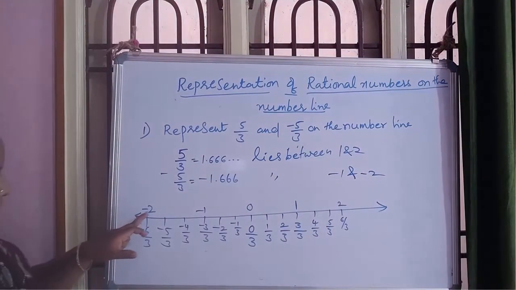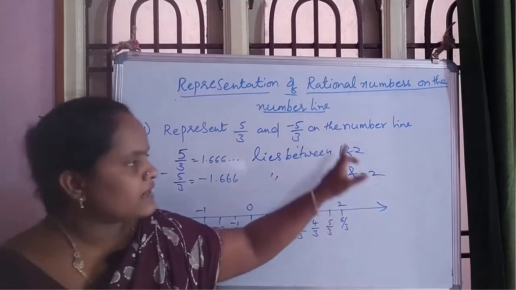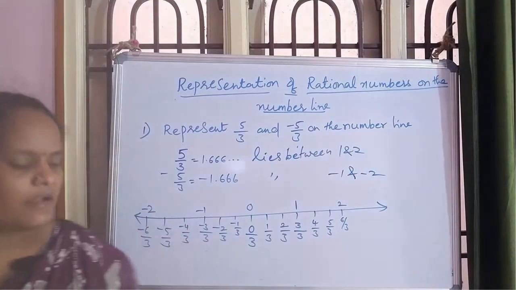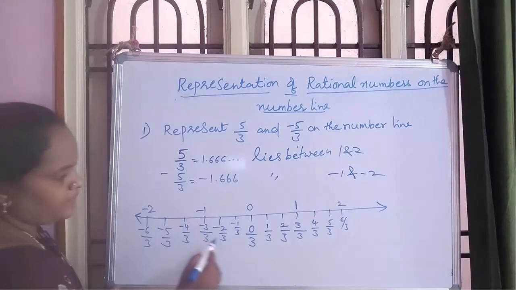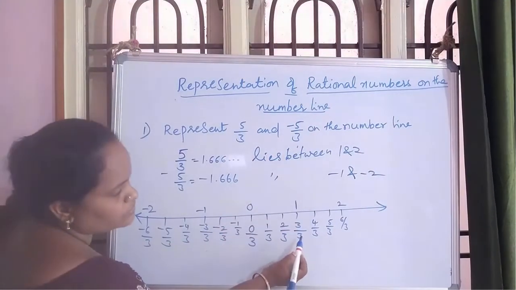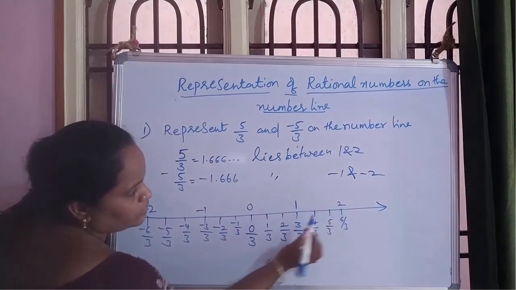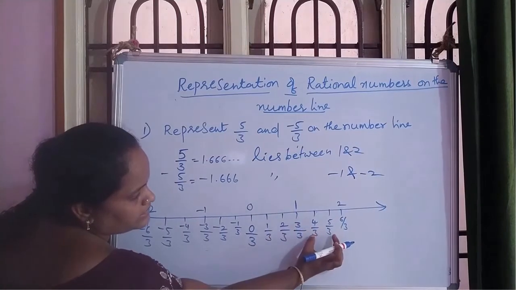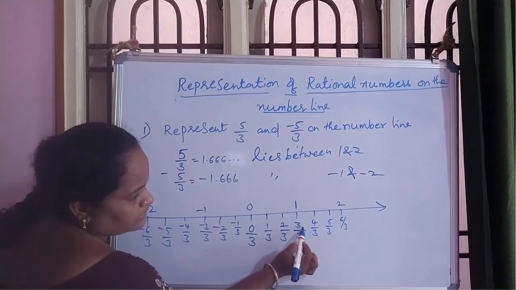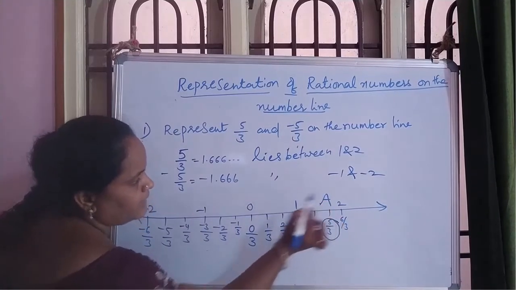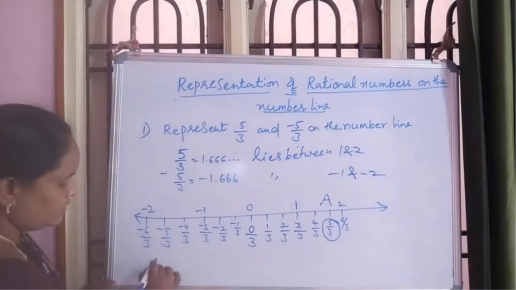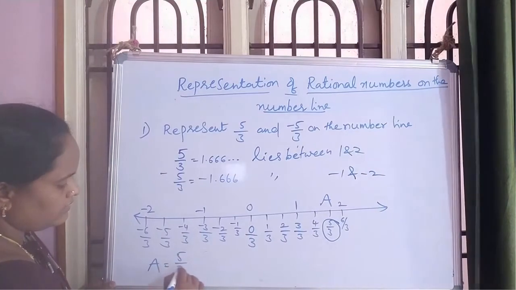So on the number line we need to have these numbers. So here if we see, where is the 5 by 3? 5 by 3 lies between 1 and 2. So 1 we have written here, 2, in between that is it there? Yes, this one. 3 by 3, 4 by 3, 5 by 3. So this is our 5 by 3. So A is equal to 5 by 3.